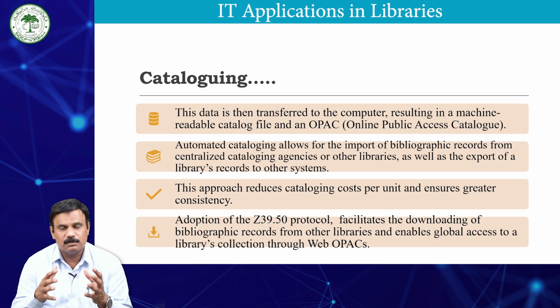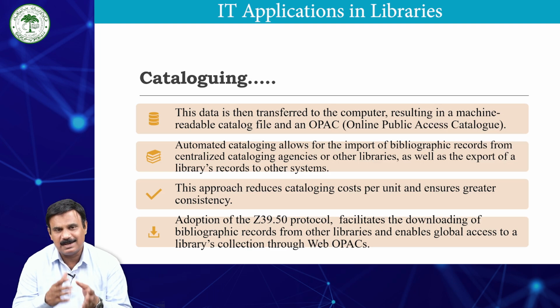In this cataloging process, the data will be transferred to the computer, resulting in machine-readable catalog files and then produced as an OPAC, online public access catalog. This automated cataloging allows for the import of bibliographic details from the centralized cataloging agencies to other libraries, as well as the export of a library's records to other systems.